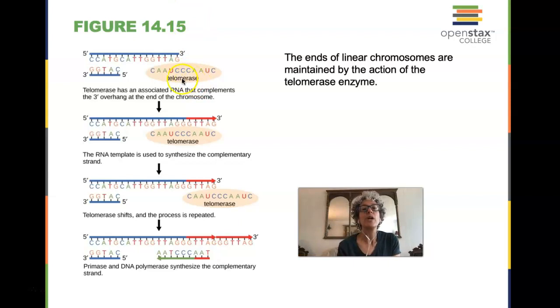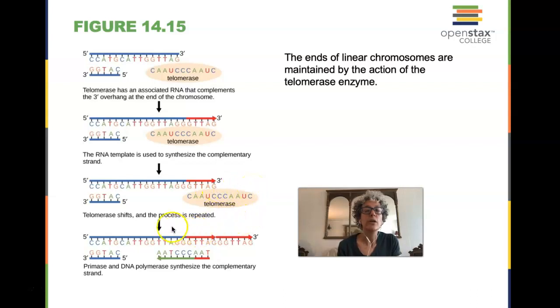Our telomerase has an RNA sequence in it, and we know it's RNA because uracil is in there. It is complementary to this repeat sequence in the telomere, and that is used to synthesize a complementary strand.